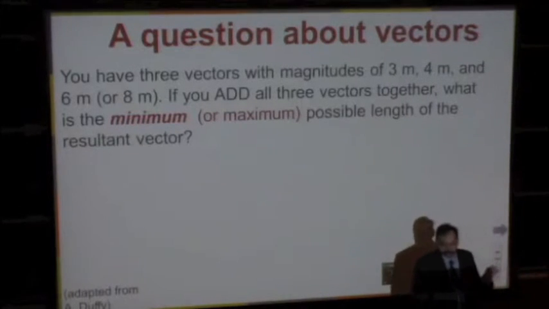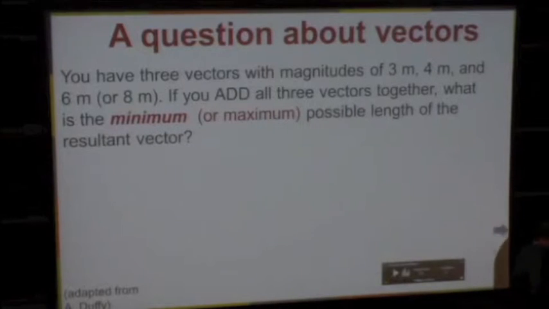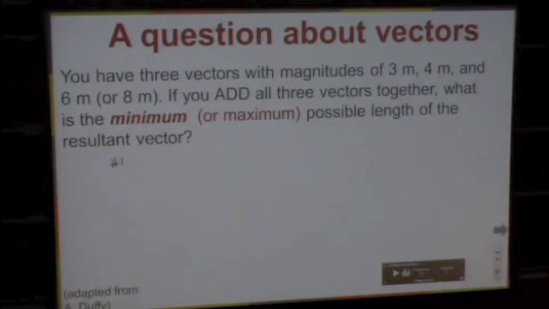So, four possible questions. Let's choose one, for example, 3, 4, 6. Case number 1. Magnitude of A equals 3, magnitude of B equals 4, magnitude of C equals 6.